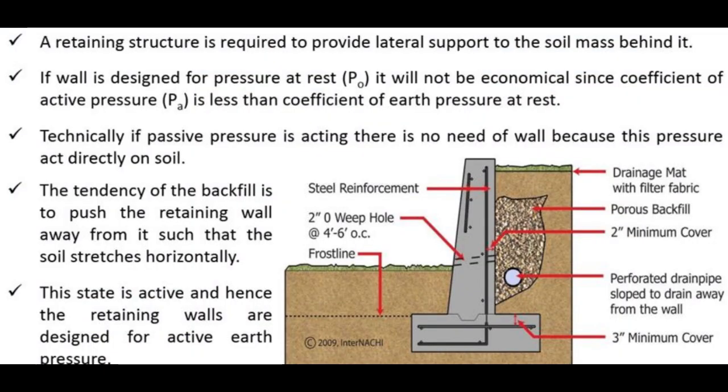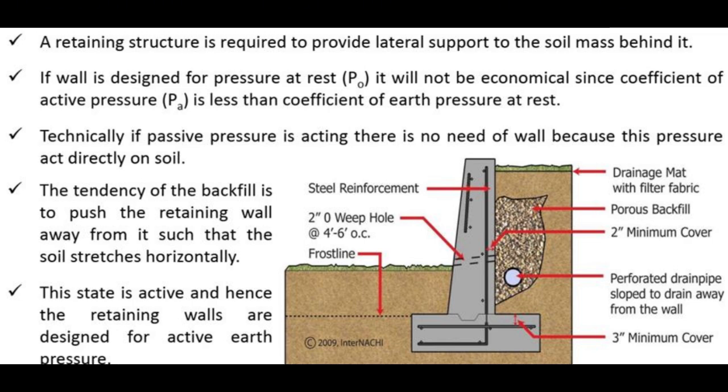You should also note that the retaining structure is required to provide lateral support to the soil mass behind it. If the wall is designed for passive pressure, it will not be economical, since the coefficient of active pressure is less than the coefficient of passive earth pressure. Basically, these are just things you need to have in mind when you are designing a retaining wall.